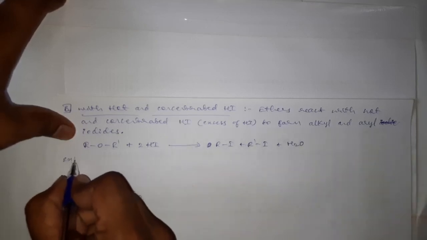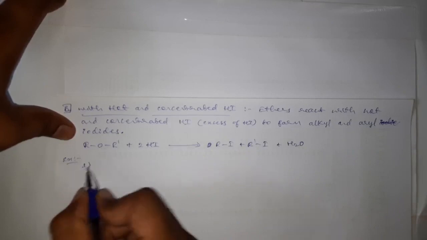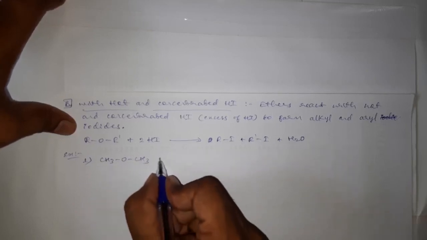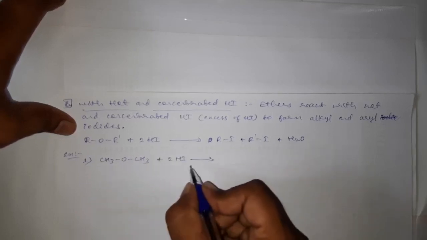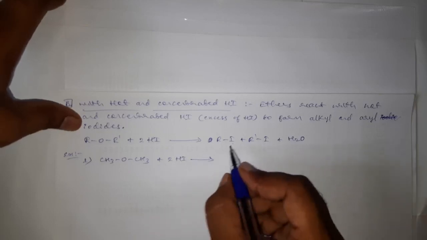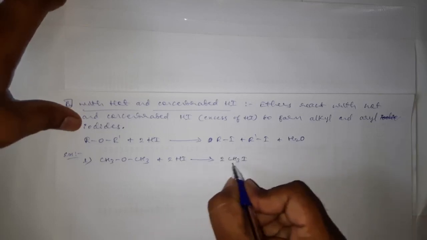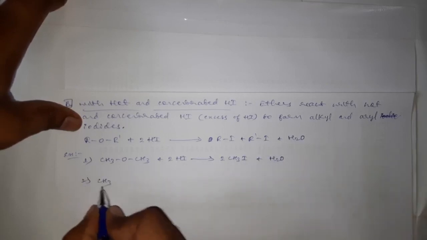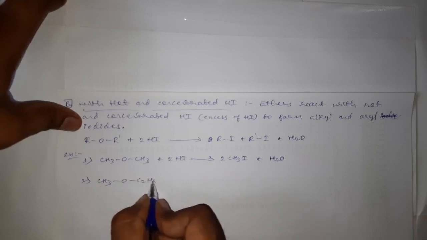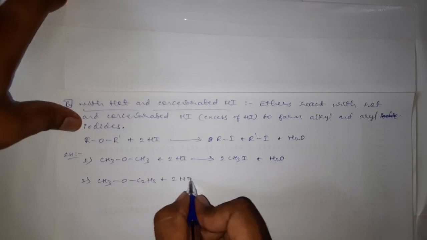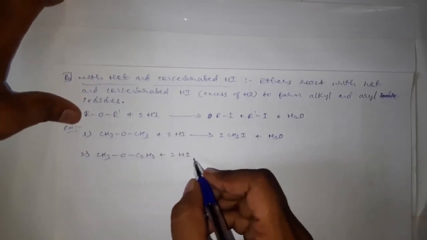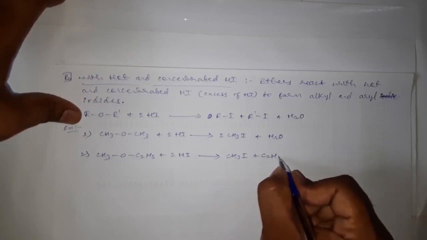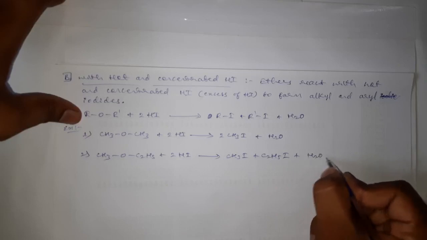Take for example, first a symmetrical ether, CH3OCH3, dimethyl ether. When it is treated with hot and concentrated HI, we will get 2 moles of methyl iodide and water. And an unsymmetrical ether, CH3OC2H5, ethyl methyl ether. When it is treated with hot and concentrated hydroiodic acid, we will get methyl iodide plus ethyl iodide plus water.